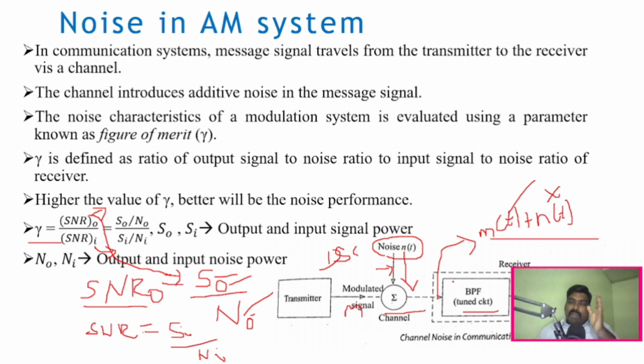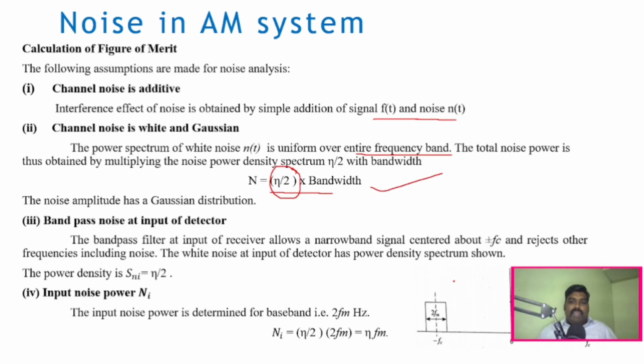And that power spectral density will be given as SNI equal to eta divided by 2, right? That is the white noise at the input of the detector, given as eta by 2. And as I said, this is white noise where the power spectrum will be uniform over the entire frequency band, that is eta divided by 2, right?